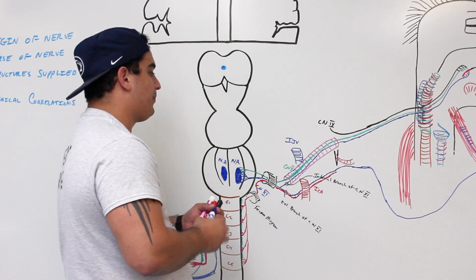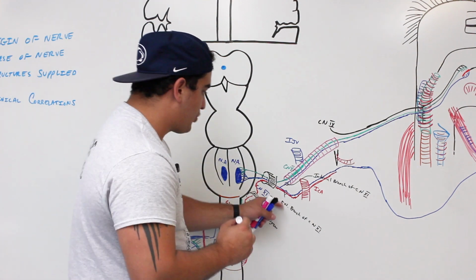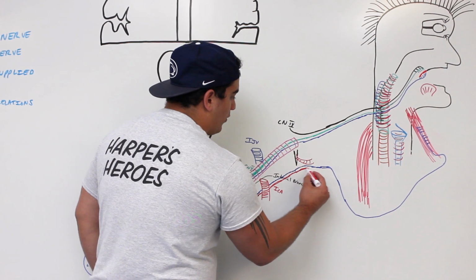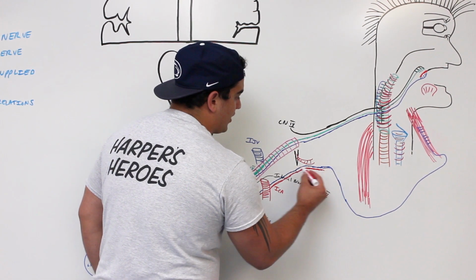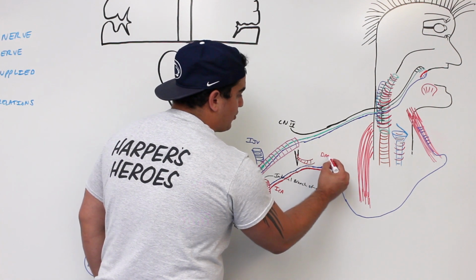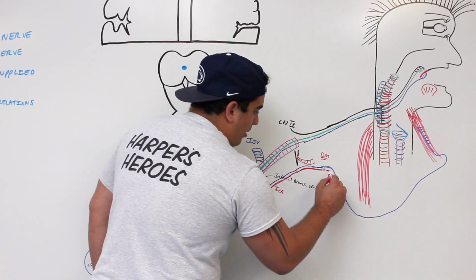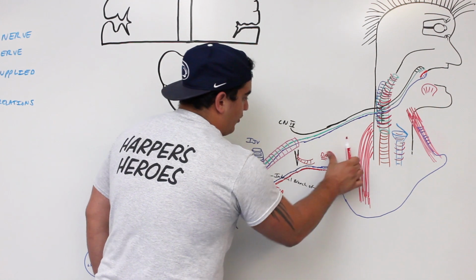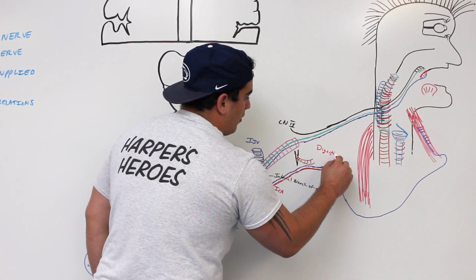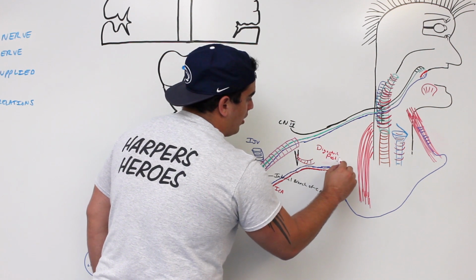So what happens here? There's going to be the external branch here, which moves in between the internal carotid artery and the internal jugular vein. It moves over the transverse process of atlas. It runs beneath the styloid process, the occipital artery, and even the digastric muscles here, primarily the digastric posterior belly. So if you really want to remember it, there's a muscle here called the digastric posterior belly.